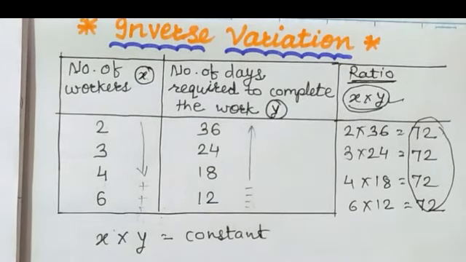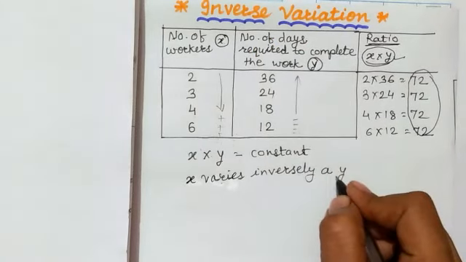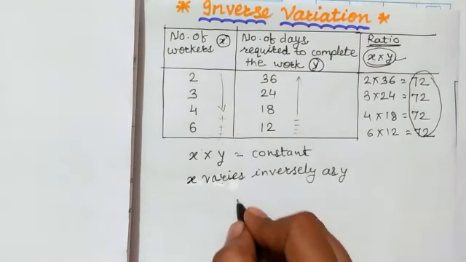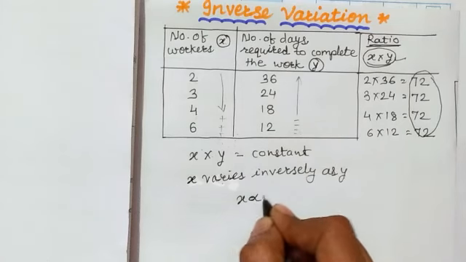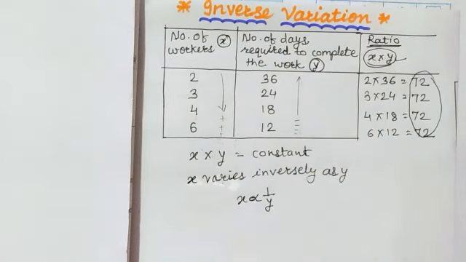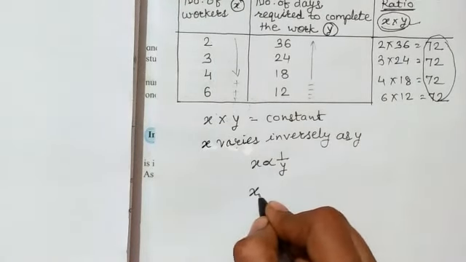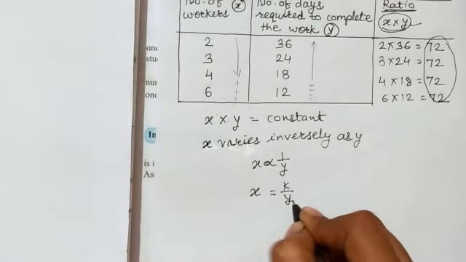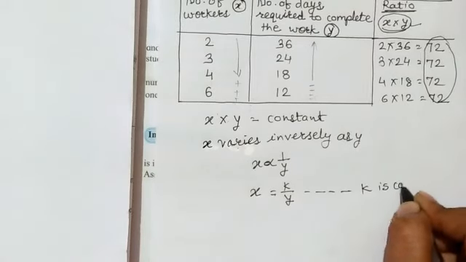It means that x varies inversely as y. So how are we going to write that? In written way, x is equal to inversely, it means 1 upon y. As this 1, it means that x is equal to k upon y, where k is constant.